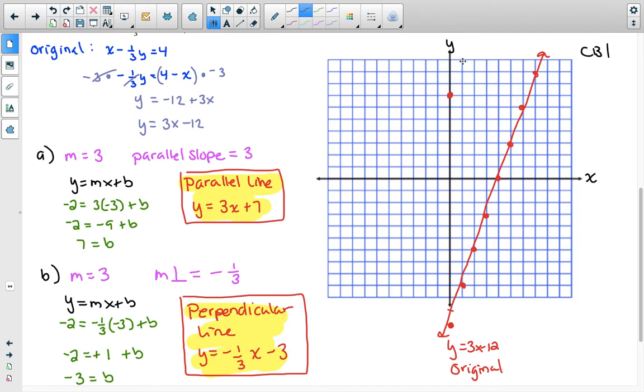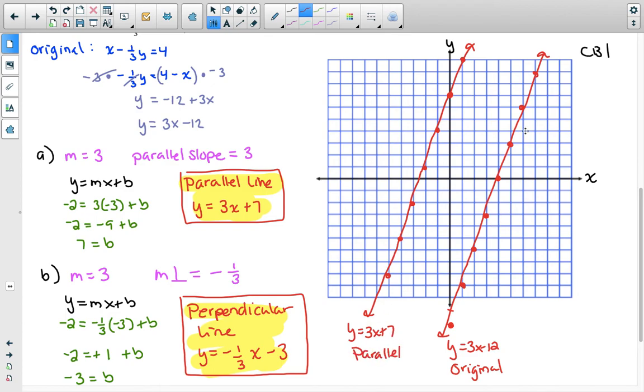With 3x, rise 3, run 1. So change in y over change in x. And then we can go negative 3 over negative 1. Connect those. This is y equals 3x plus 7. This is the parallel line.